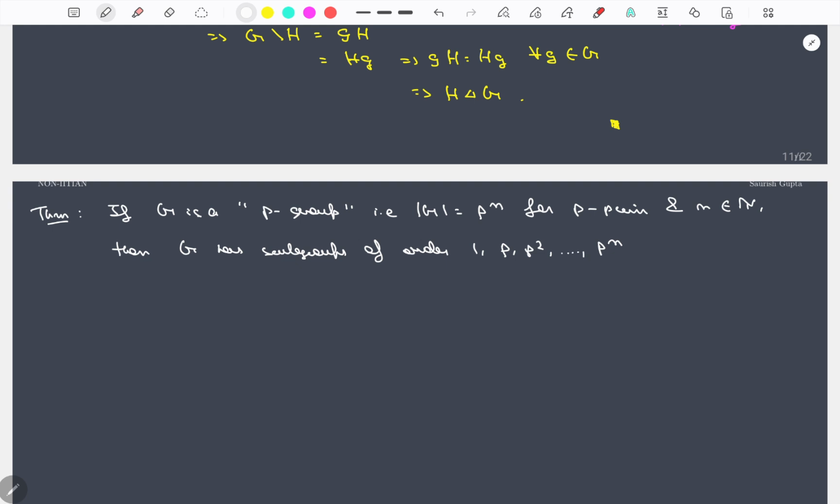So it has subgroups of all possible divisors of the order of G, each of them being normal as well.